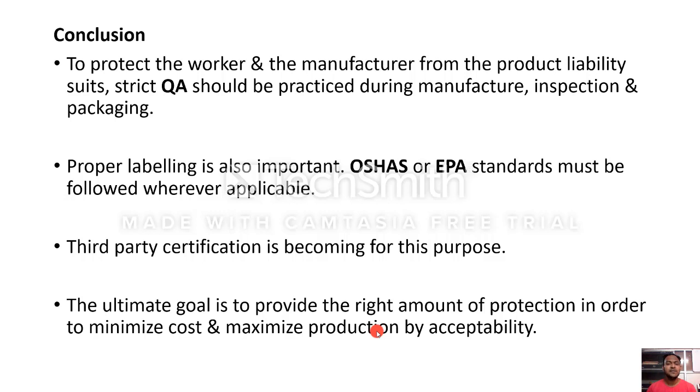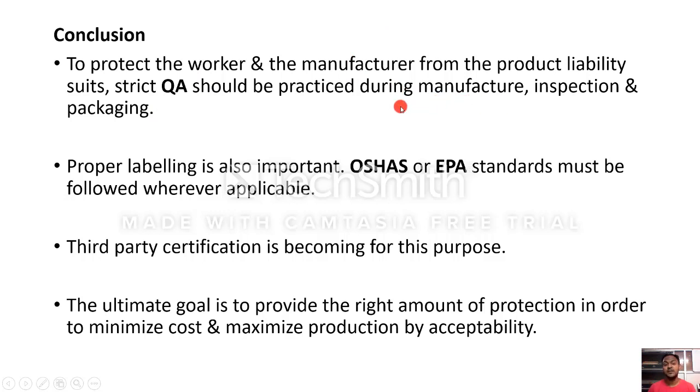So far we have been discussing various types of components that are part of chemical protective clothing, like hoods, flash suits, goggles, coveralls, boots and gloves. Whether it is encapsulating or non-encapsulating material, it should protect the worker and the manufacturer from product liability suits, so strict quality assurance should be practiced during manufacture, inspection and packaging.